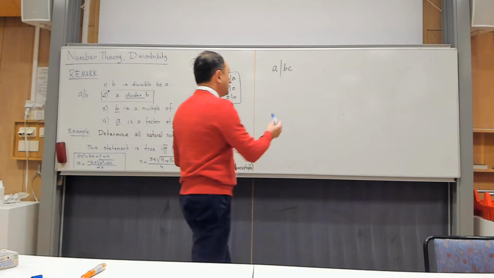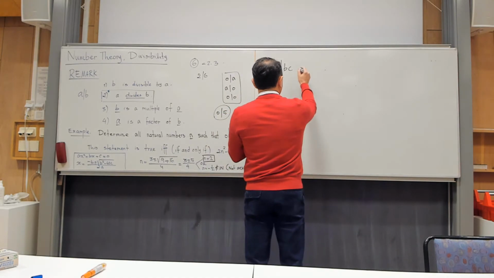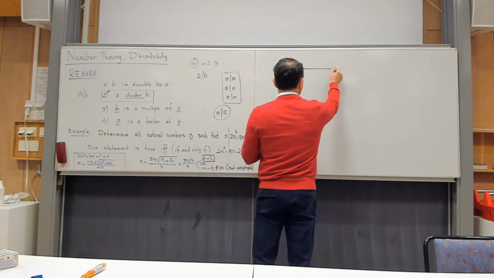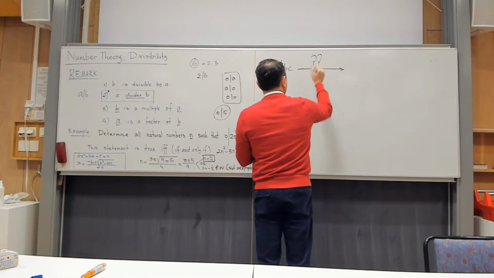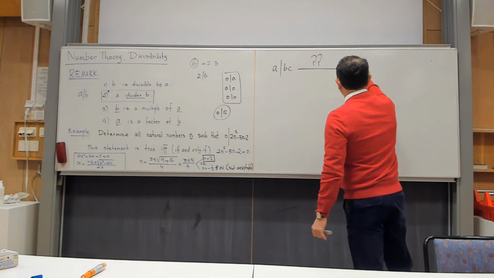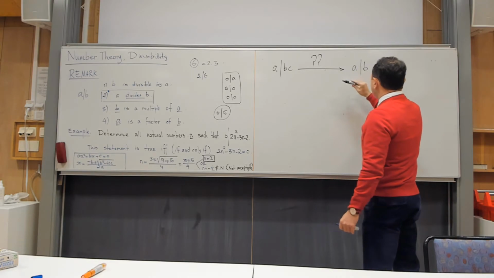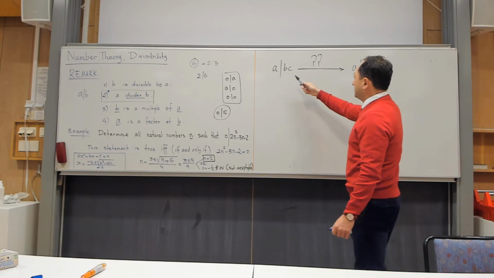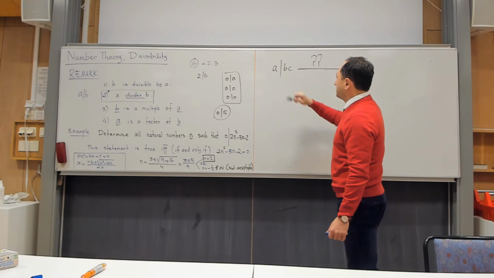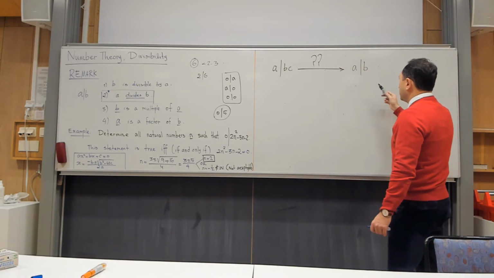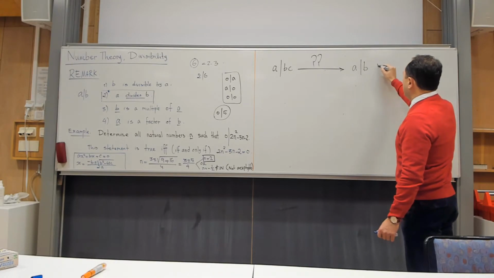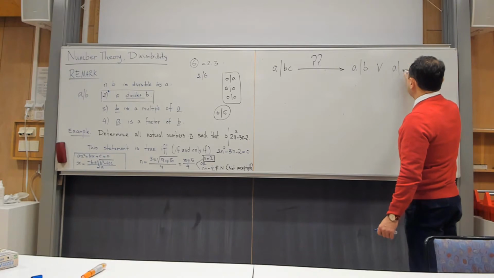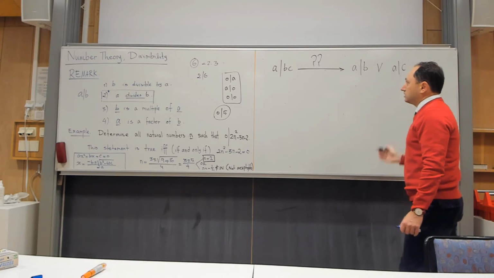Yes or no? Be careful about it. By the way, let me just read it in a normal way: BC is divisible by A. Do you think I can guarantee that either B is divisible by A or C is divisible by A? Do you think that this is reasonable?